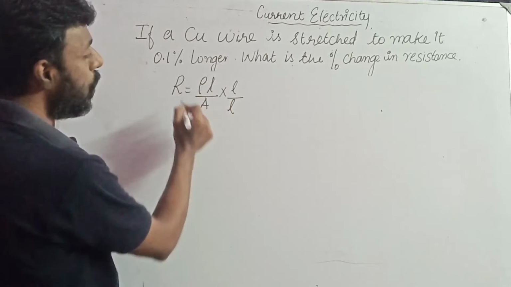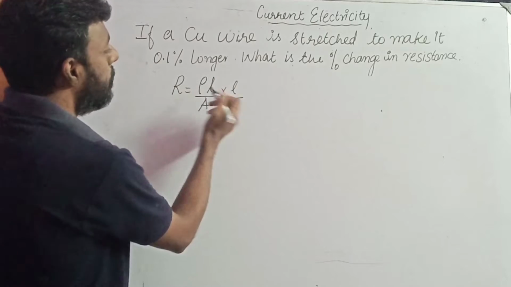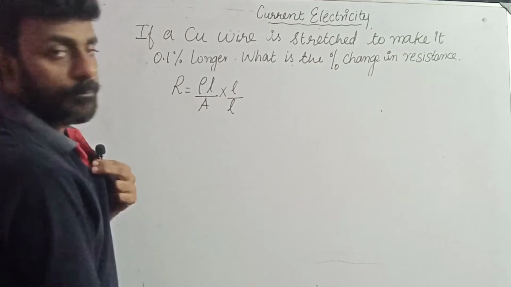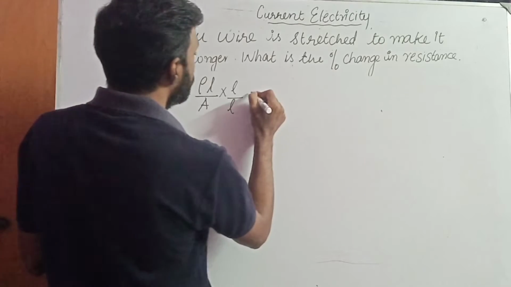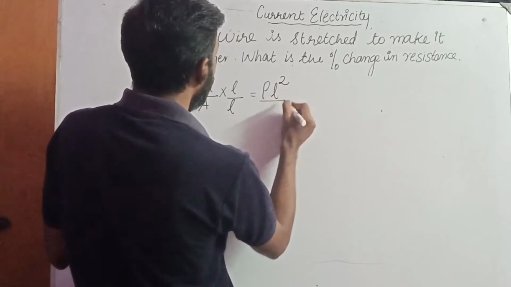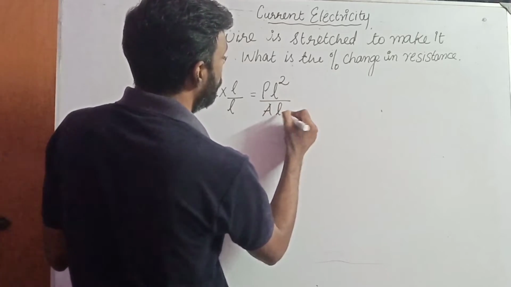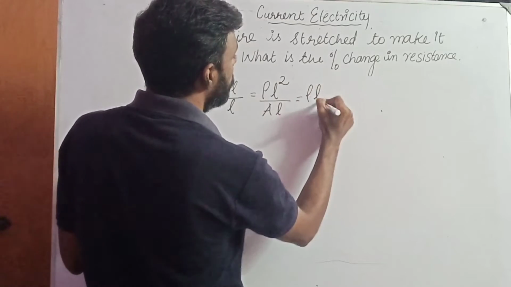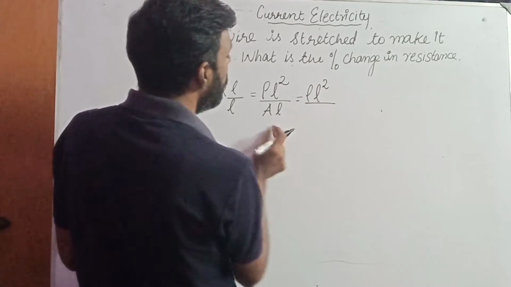So it will be rho into L squared divided by A into L.